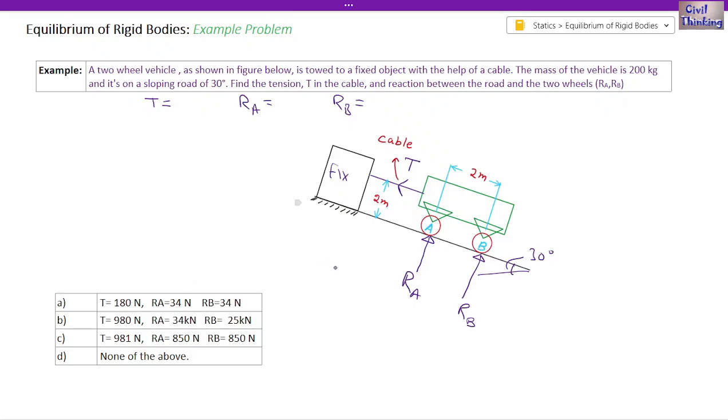Now because this whole system is at rest, it means it is in equilibrium. Since it is in static equilibrium, we can apply the equations of equilibrium.